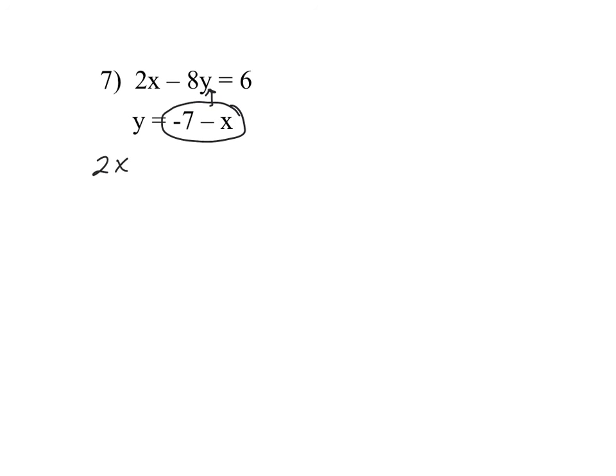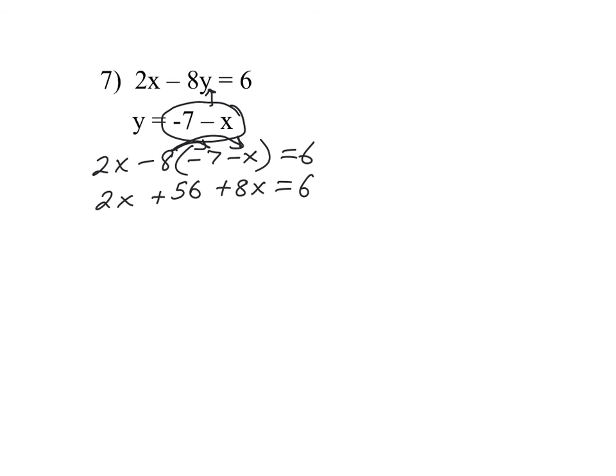So I have 2x minus 8 times negative 7 minus x equals 6. That leaves me with 2x plus 56 plus 8x. Distribute the negative 8 to both of those. And just remember the negative times negative.